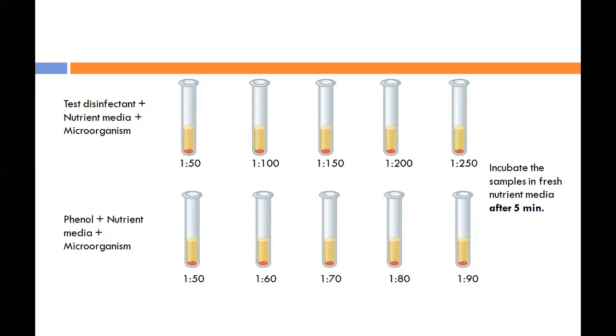The first set is for Lysol. It is simply nutrient media, nutrient broth for example, in which we are adding a decreasing concentration of Lysol. We are making dilutions of Lysol. The first dilution is 1:50, which is the most concentrated one.